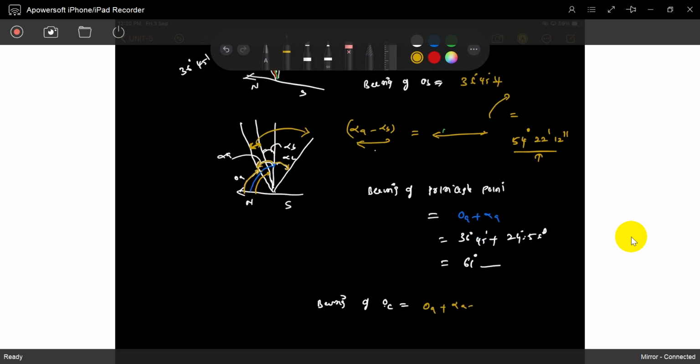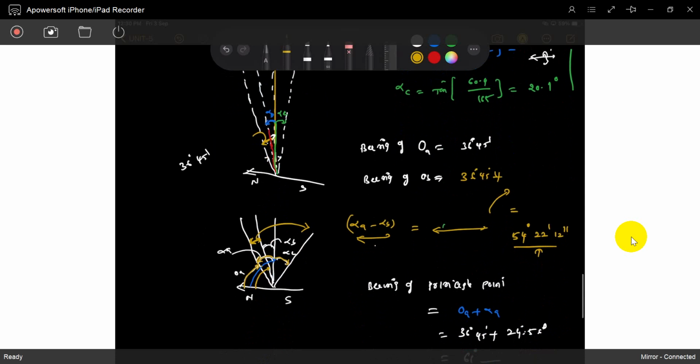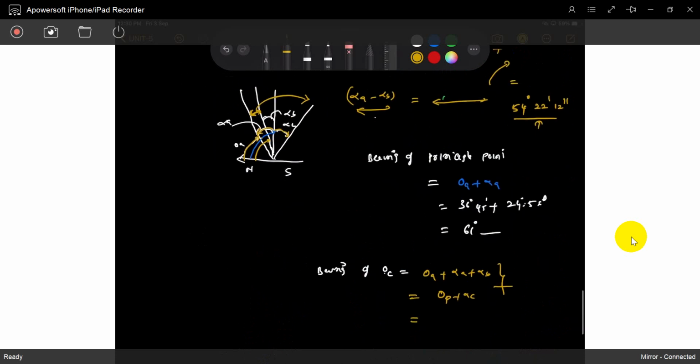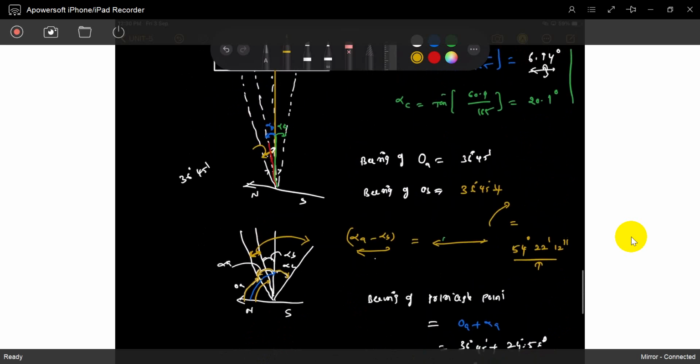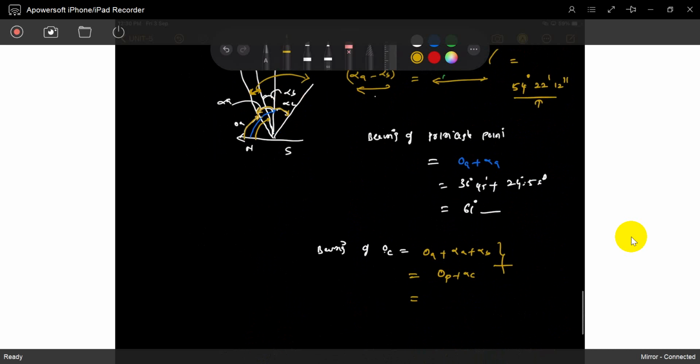OA plus alpha A plus alpha C. If you know the representation of the coordinates correctly, which plane those points are in, you can easily observe it, because this is a 9th class, 10th class coordinate system. So OC is 81 degrees 24 minutes 36 seconds.